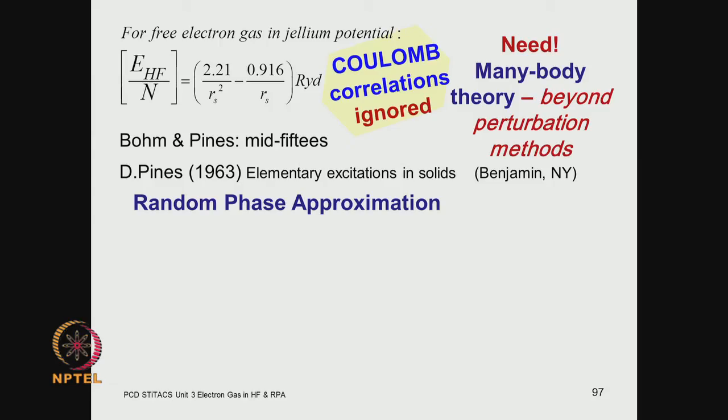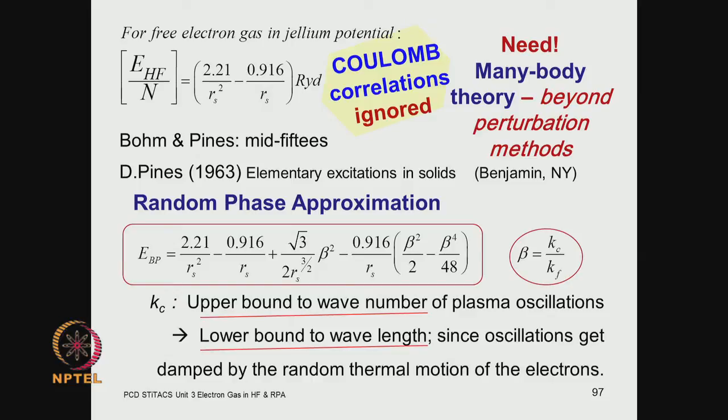Now, this is a technique which goes beyond the Hartree-Fock. It addresses some of the Coulomb correlations. It gives you a Bohm-Pines energy per electron which has these terms, 2.21 by Rs squared and 0.916 by Rs, but then there are certain corrections which are parametrized in terms of the ratio of Kc over Kf. So, beta is just the ratio of Kc over Kf.